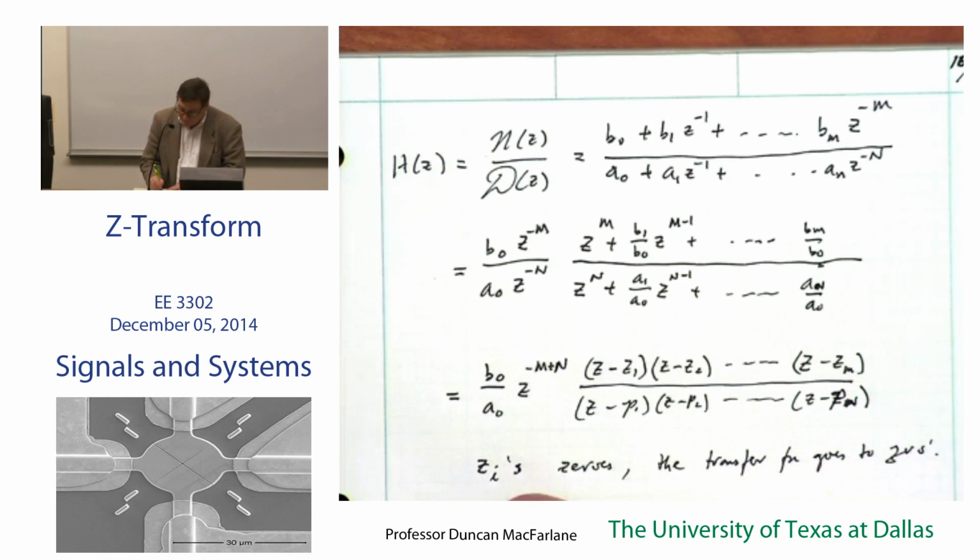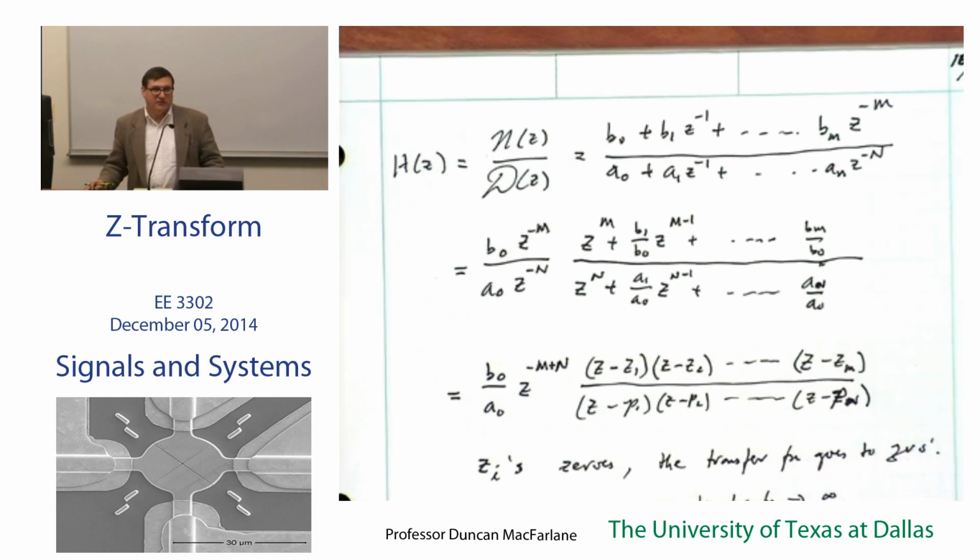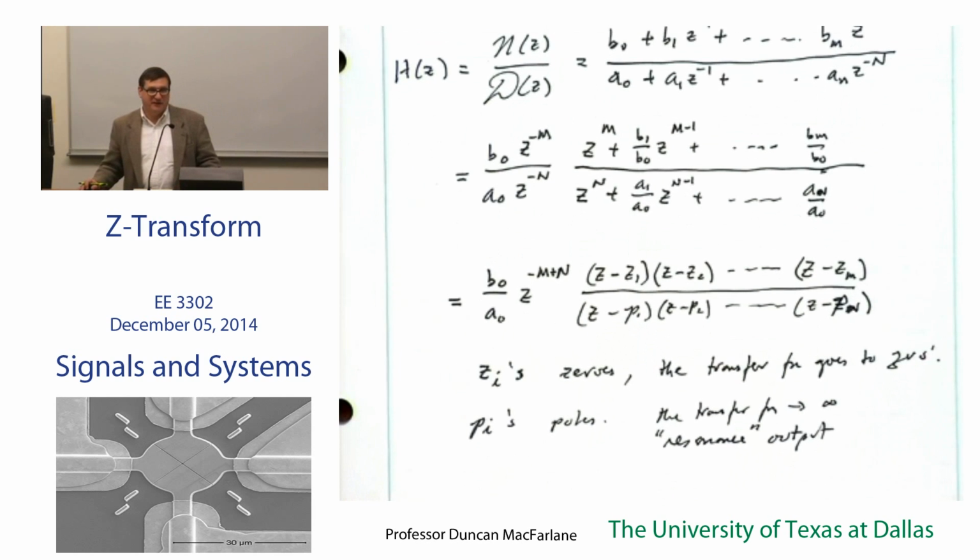And all the pi's are the poles, and that's where the transfer function goes to infinity, or we can call that a resonance output. That's a nicer term for it. It hides the singularity a little bit better.